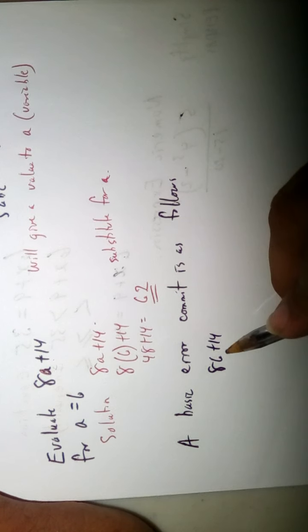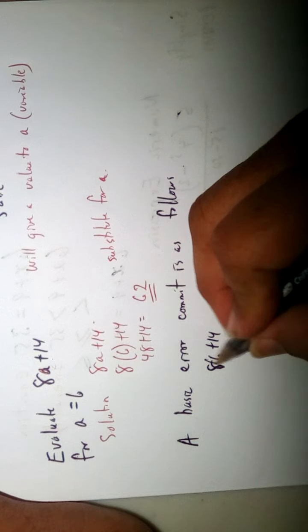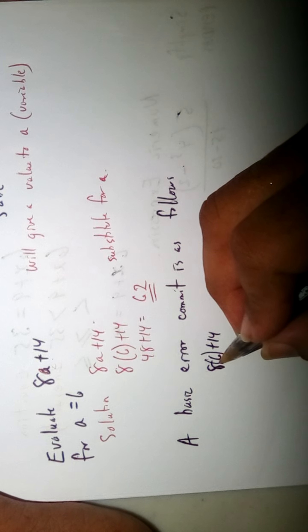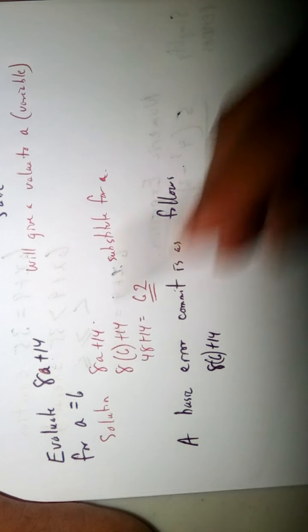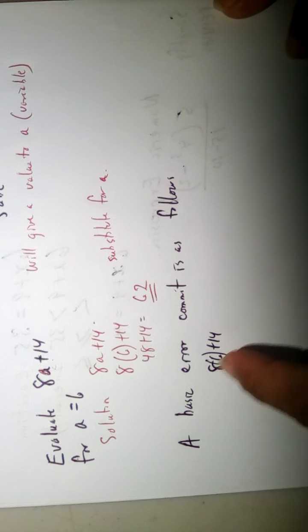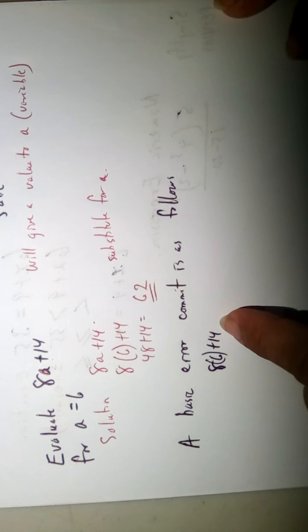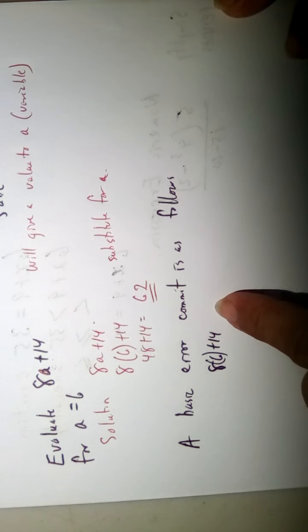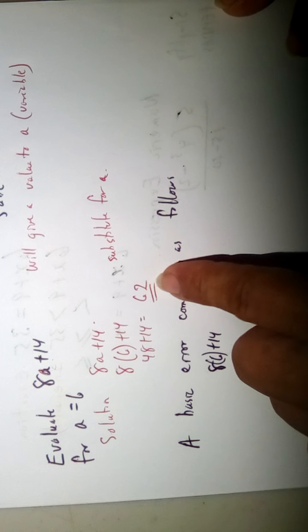By using the parentheses, we all know that the parentheses beside a number or beside a variable would mean multiplication. So that clarifies that problem. But if you don't use your brackets, you will want to write 86 plus 14, which will make the solution 100 when it's supposed to be 62.